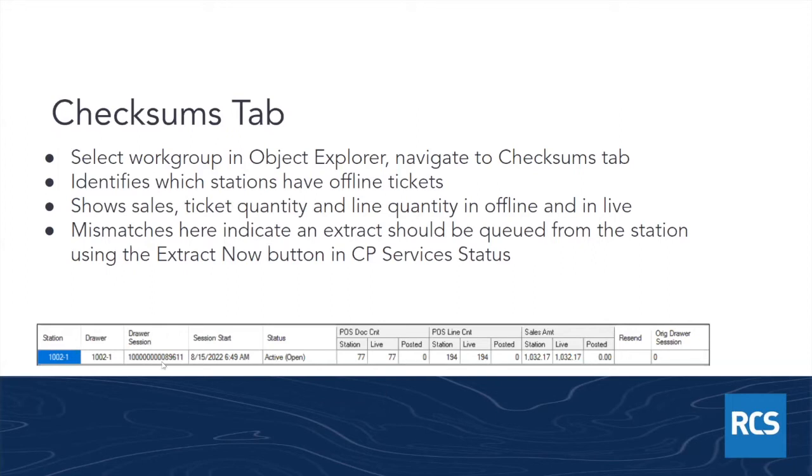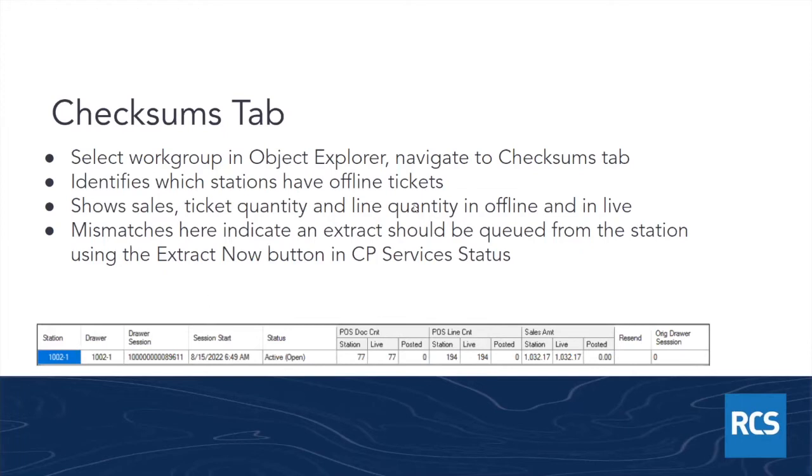And if those numbers do not match, this line will appear in red. So you'll be able to see that this is one that has not synced properly, and it might need some attention from either you or from support. You can see the number of sale lines and the total number of sales as well. And similar to the total number of documents, a mismatch in any of these fields will turn this line red and draw attention to something that may need further attention.